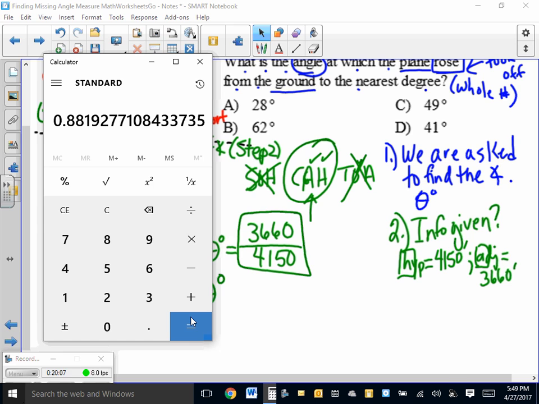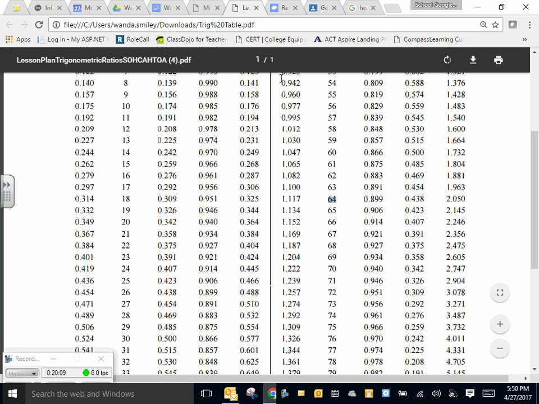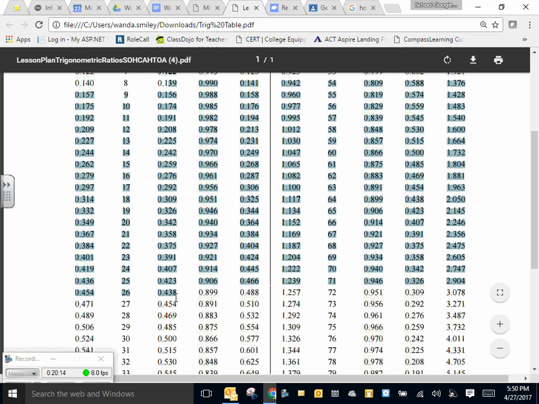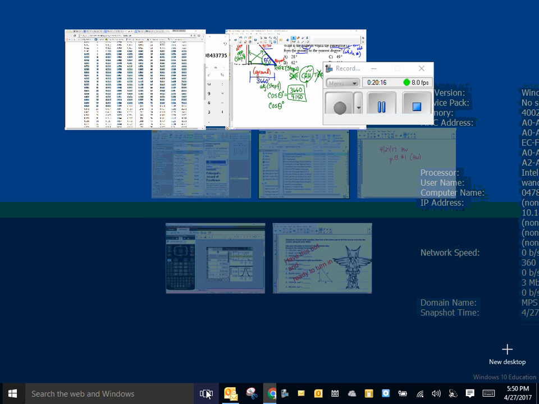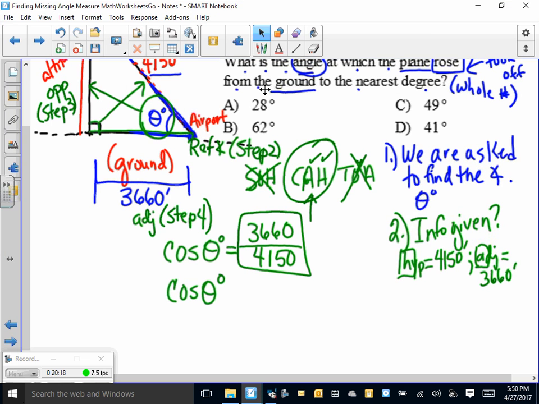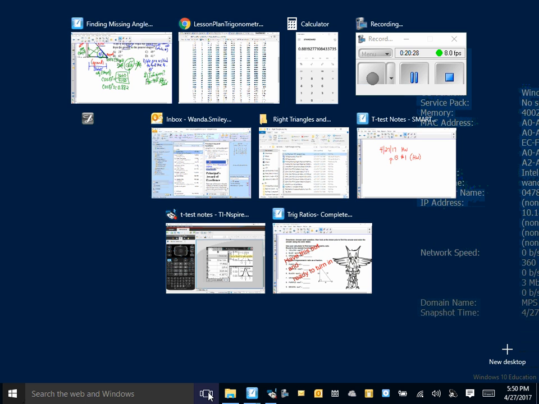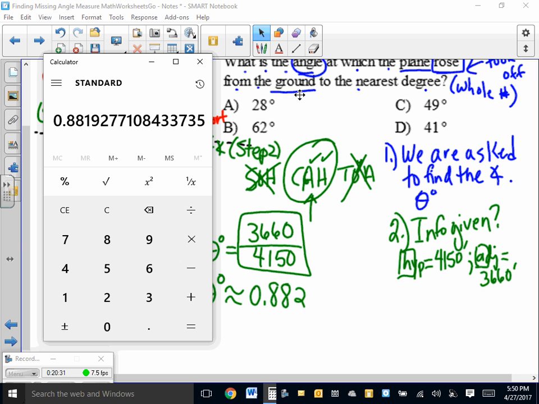Now, if you look at the table, all of the numbers are rounded to 3 decimal places. So we round our answer to 3 decimal places, approximately 0.882, because on our calculator the 9 follows the 1, making the 1 go up.